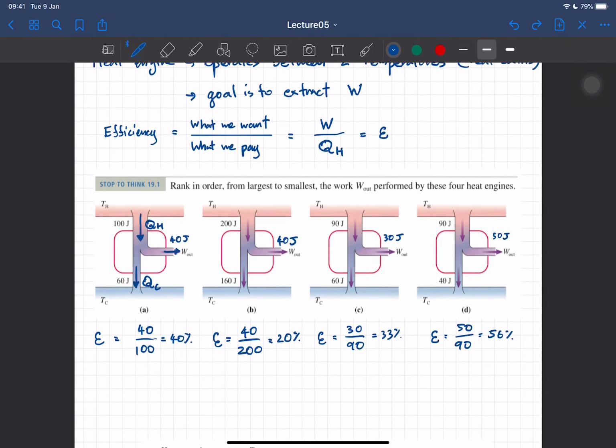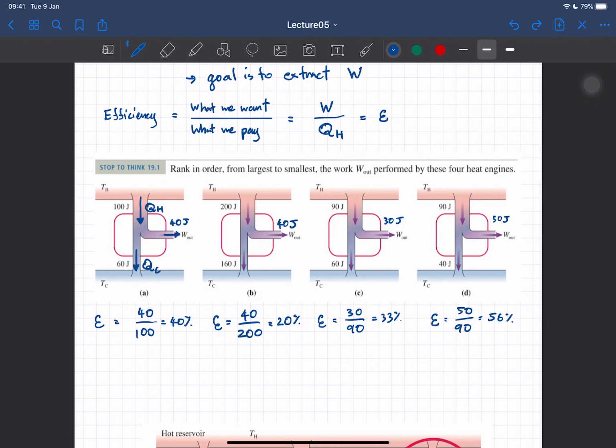Okay, so because of the conservation of energy, remember how we calculate work in the first place? We just take QC and subtract that away from QH, right? So sometimes the formula for the efficiency can be written as, well, what is W? W is just |QH| minus |QC|.